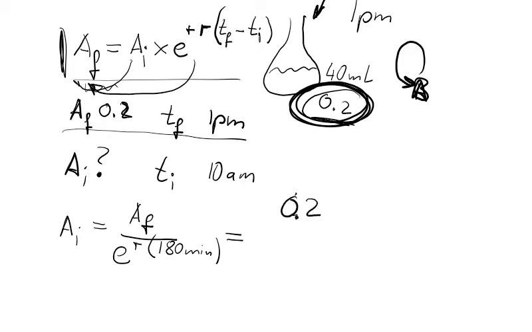Units. So 0.2 divided by e, and for r, for the growth rate, we said it is 0.0231 minutes to the minus 1 times 180 minutes.